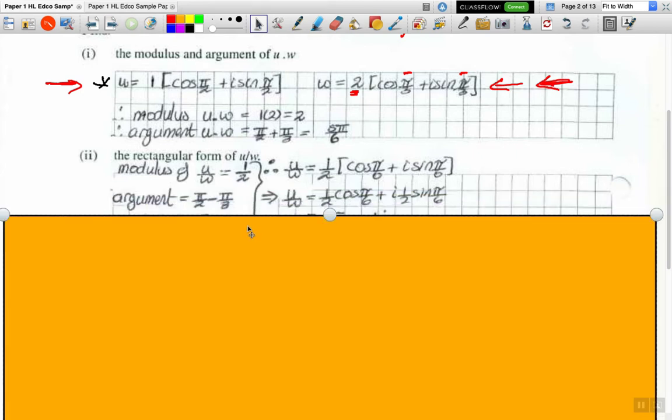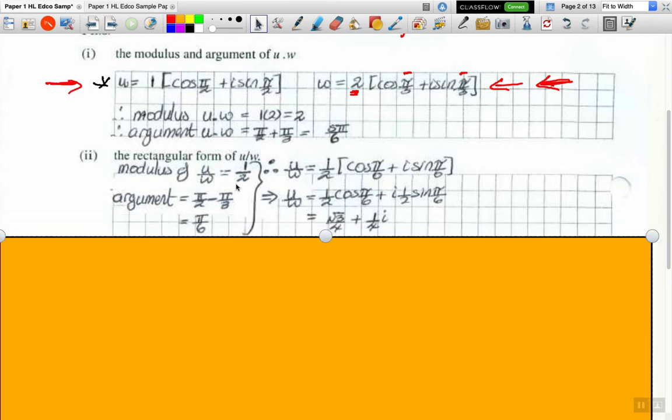And when you're working out the argument for a division, there is a formula where you do the subtraction. So therefore, we now know that the new modulus for the division version is going to be a half, and we know that the new argument is going to be pi by 6.